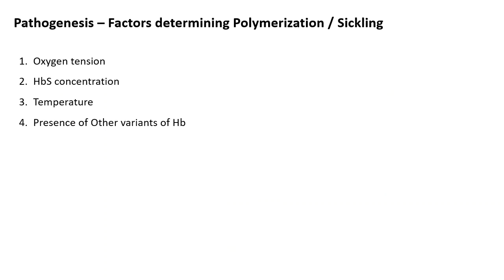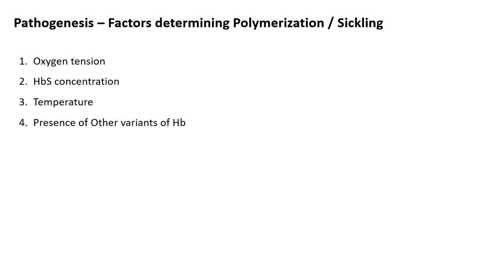So what are the factors determining polymerization or sickling? There are four key factors. One is oxygen tension. The second is amount of HbS or the HbS concentration. Third is the temperature. And fourth is presence of other variants of hemoglobin.